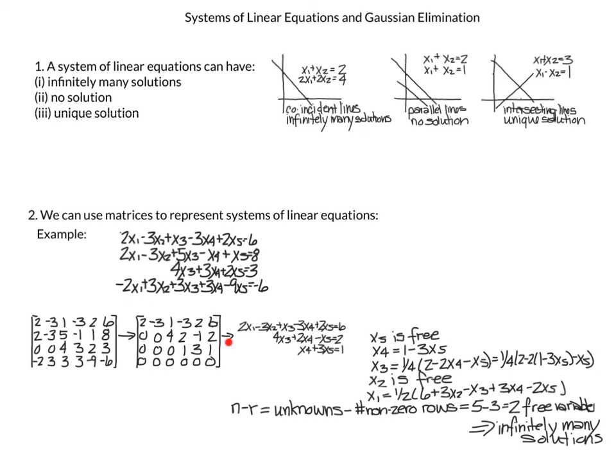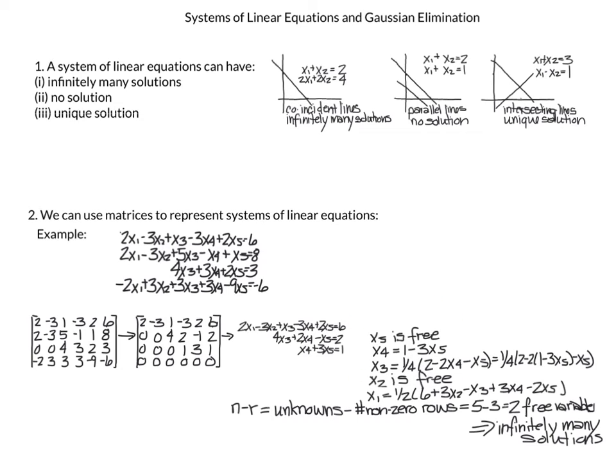It row reduces to this echelon matrix here. You can do your backwards solving, and you see x5 is free. You can solve x4 in terms of x5, solve x3 in terms of x5 as well. And then you'll get your next equation, you'll need another free variable. So x2 will become free, and x1 can be solved in terms of x2 and x5.